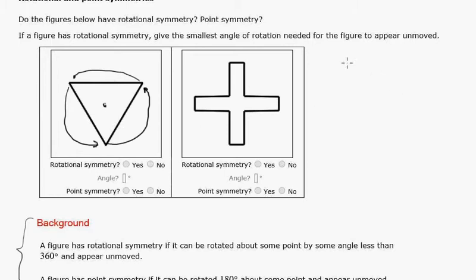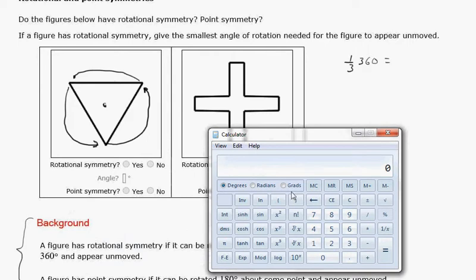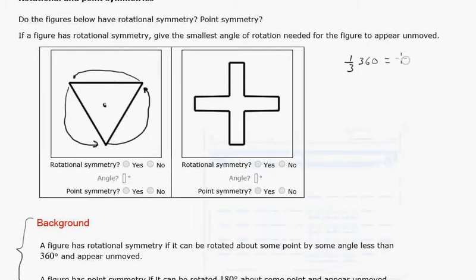So 1/3 of 360, which is 360 divided by 3 equals 120. So yes, it has rotational symmetry, and the degrees is 120 degrees.